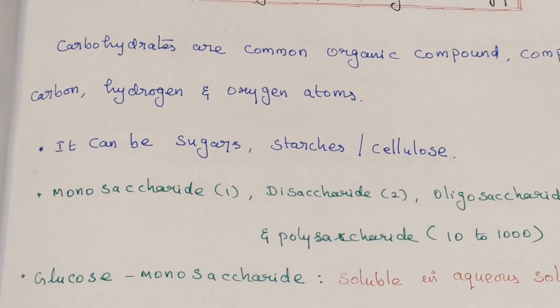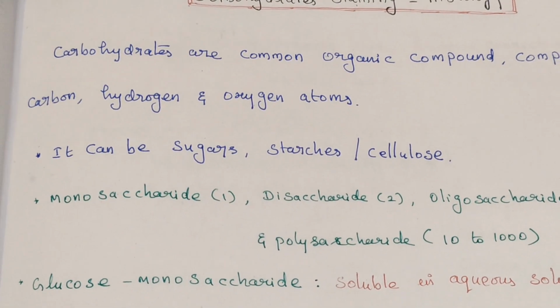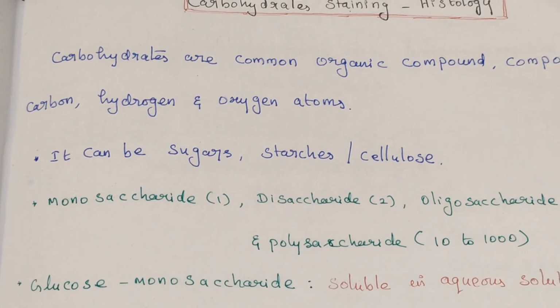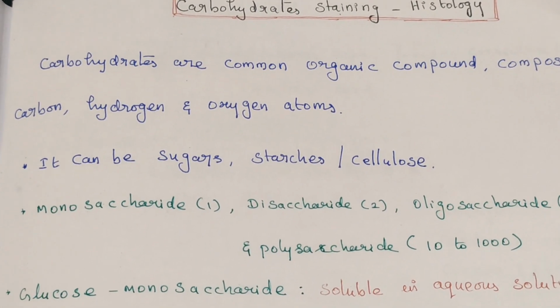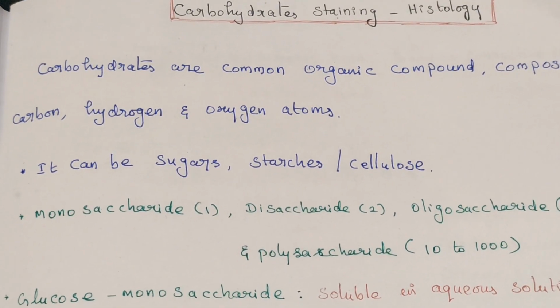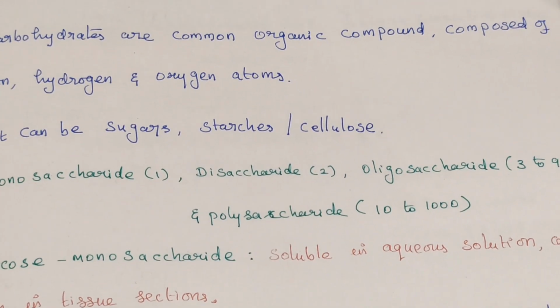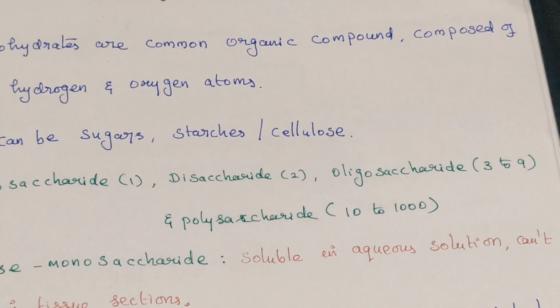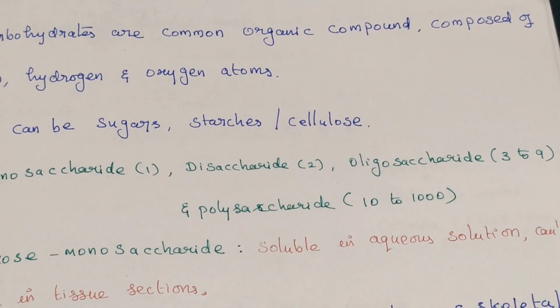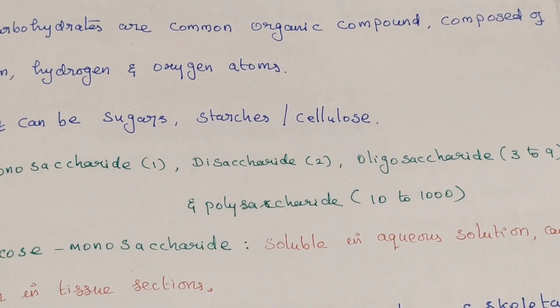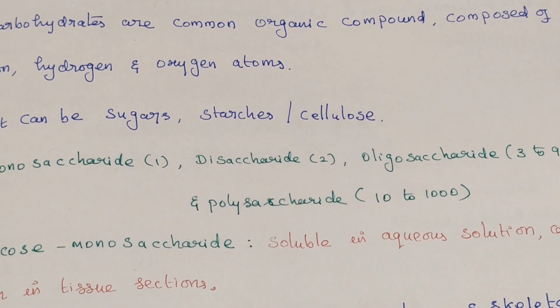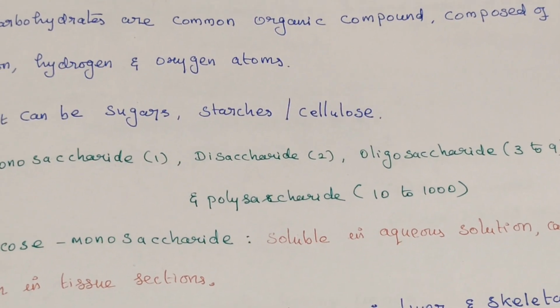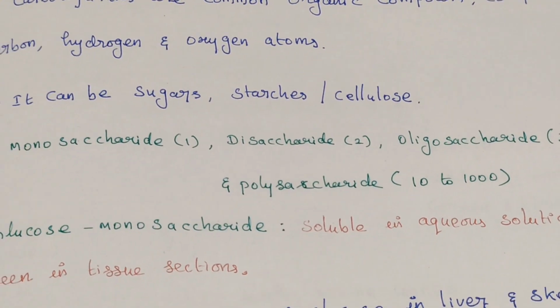Monosaccharides are simply the building blocks of sugars. Disaccharides are composed of two monosaccharides bound together. Oligosaccharides are 3 to less than 10, that is 3 to 9 simple sugars linked together, and polysaccharides are more than 10 to 1000 sugar molecules.